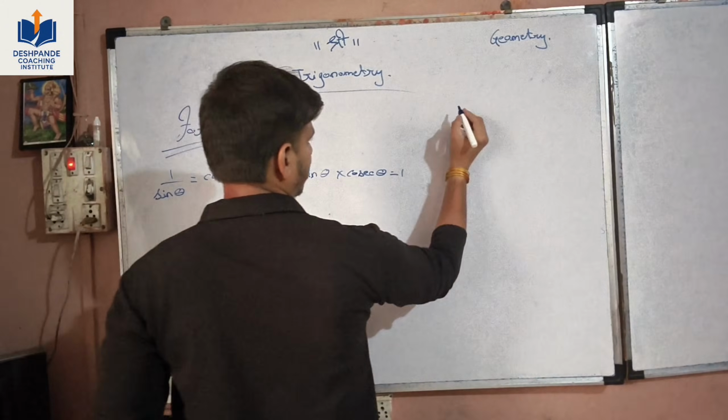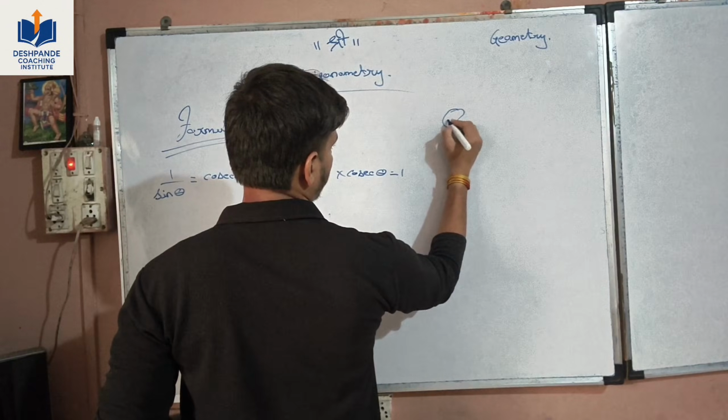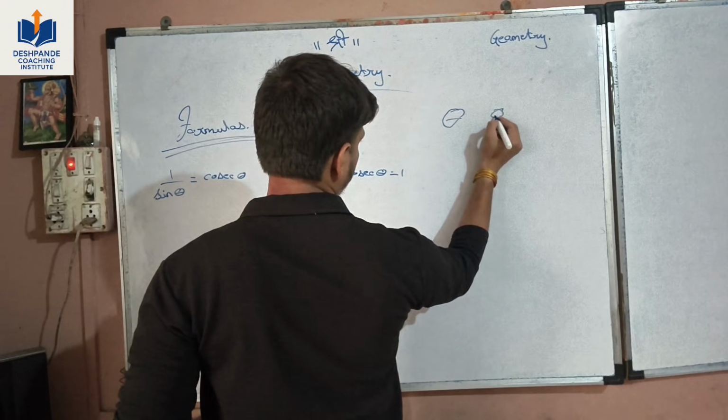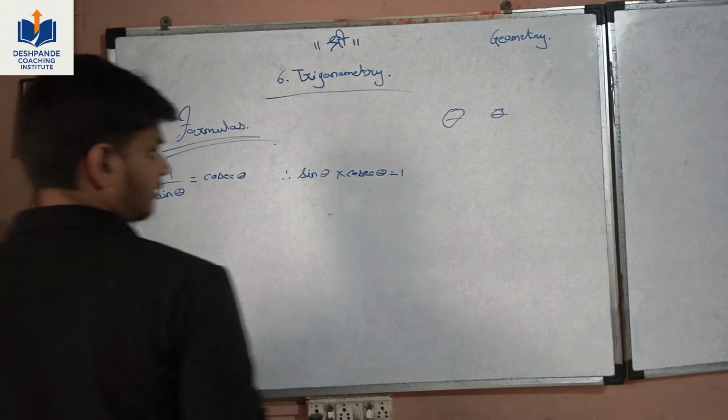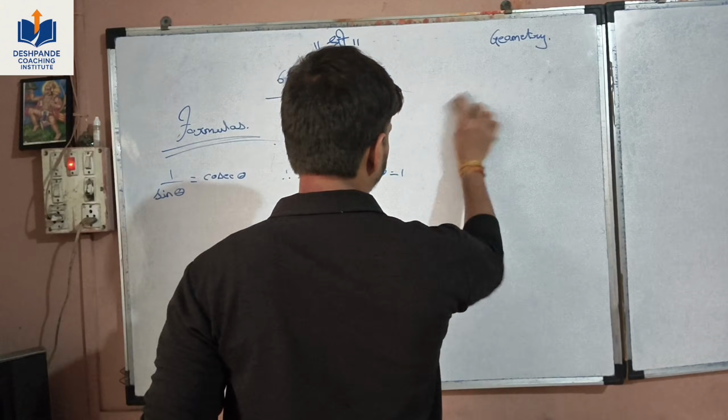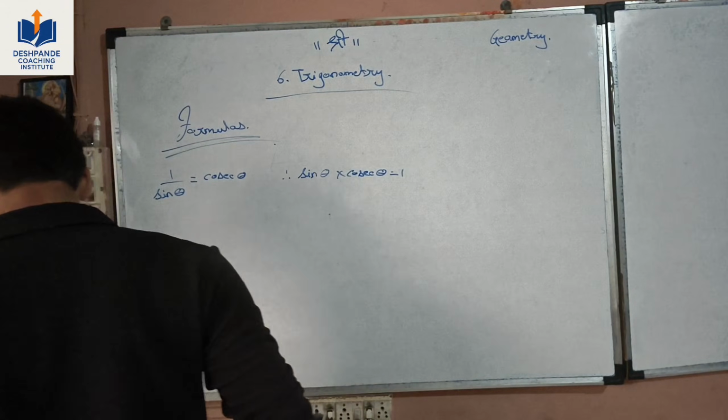We have to write the sign of theta like this, just a circle and a line in between the circle. So this is the first formula.